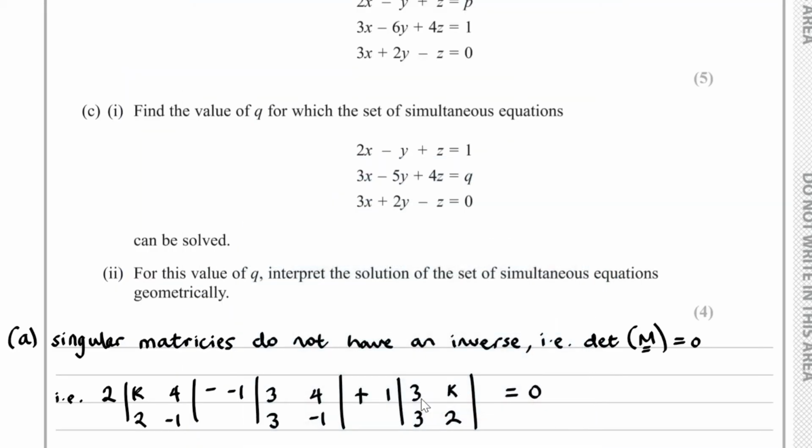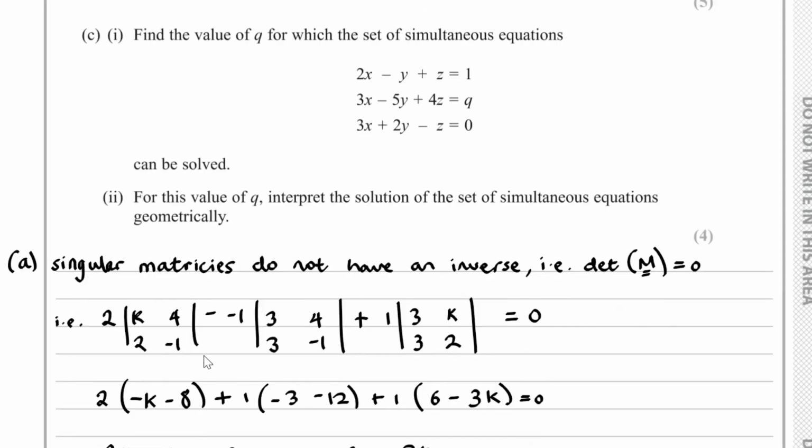So for this part of the question, part C, we have to find the values of q for which the set of simultaneous equations 2x minus y plus z equals 1, 3x minus 5y plus 4z equals q, and 3x plus 2y minus z equals 0 can be solved. And for this value of q, we have to interpret the solution geometrically.